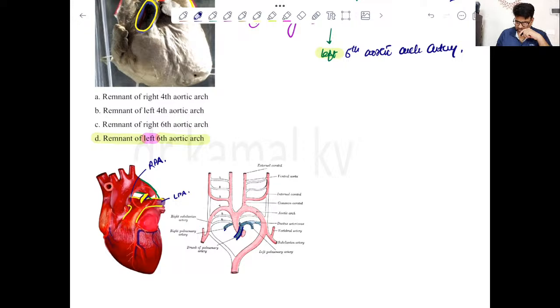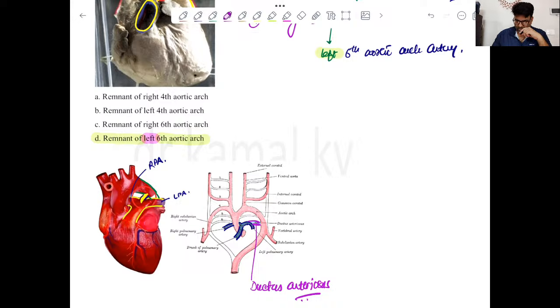This is the right pulmonary artery, and the proximal part of the sixth forms the left pulmonary artery, right? And here we can see this is the ductus arteriosus. So this part is the ductus arteriosus, which is a normal and useful entity in the fetal age group.